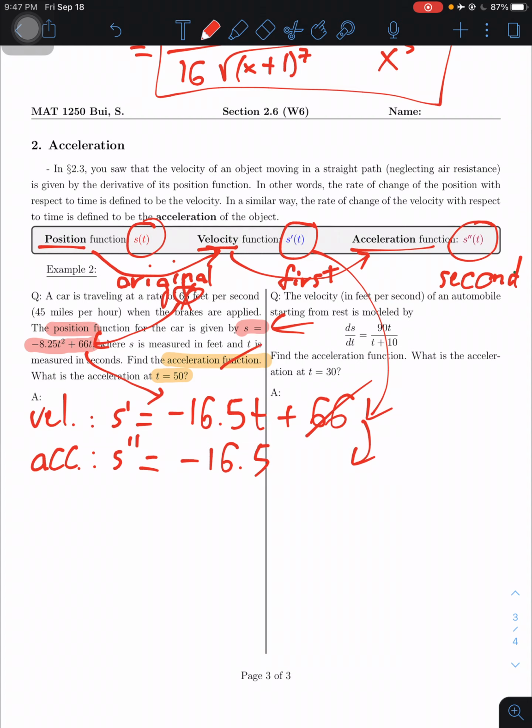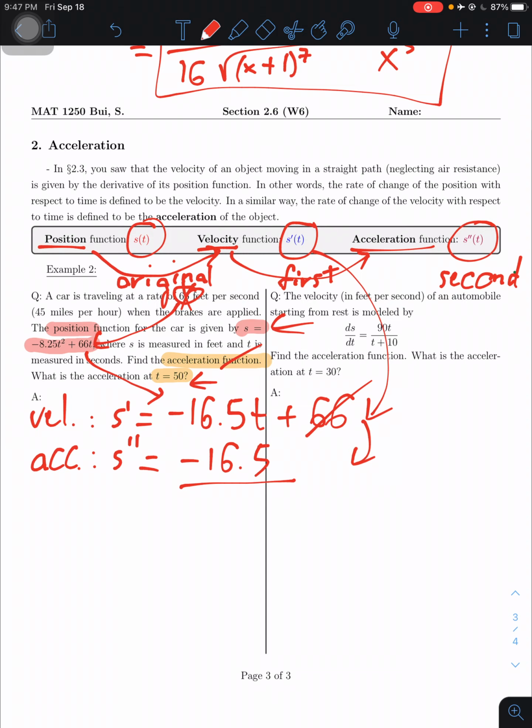As I told you from the beginning, for the second part of the question, we're going to plug in 50 wherever we have t in the acceleration function. But as you notice, there's no t in this function. It's just a number, negative 16.5 by itself. It doesn't have anything for us to plug in. So when we plug in 50, the acceleration will still be negative 16.5.